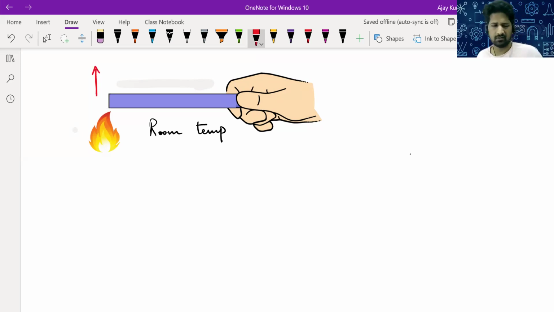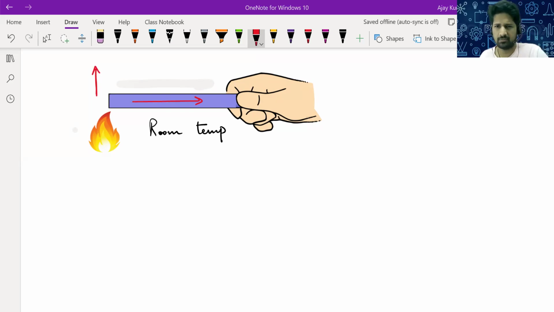I'm sure you all must have experienced this in real life also. If you hold it for sufficiently long enough, you can feel the heat in your hand also. You can feel the temperature rise in your fingers. So basically what is happening is heat is getting transferred from here to here.